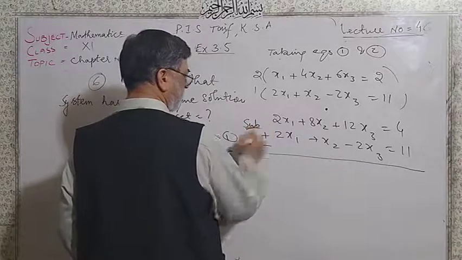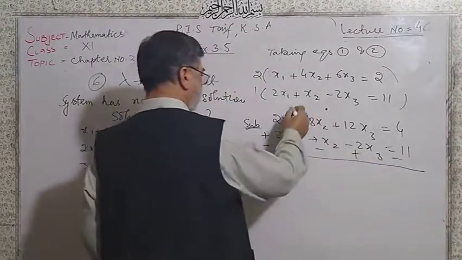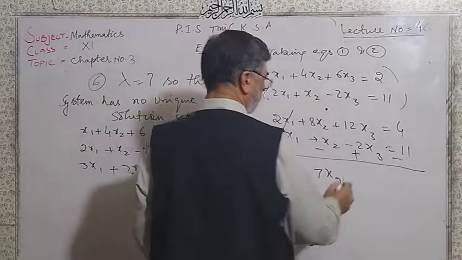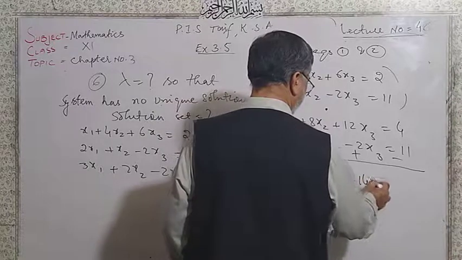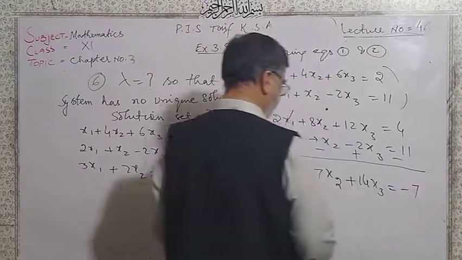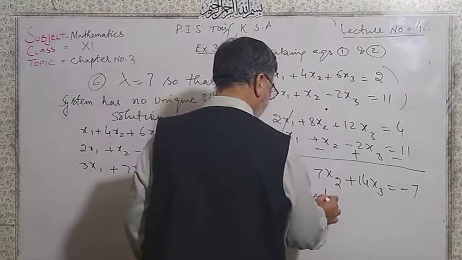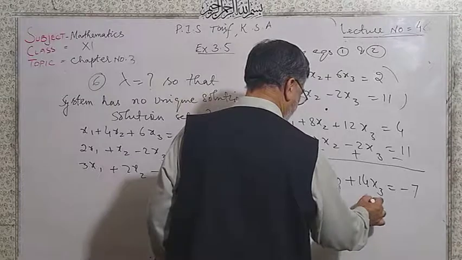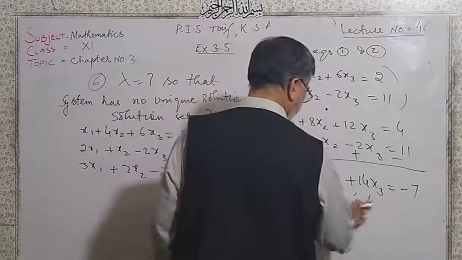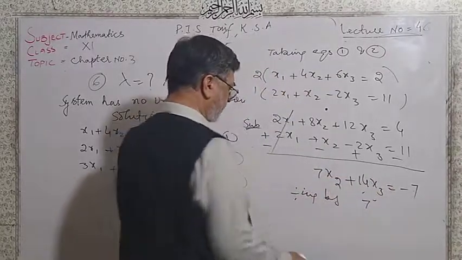Subtracting. Change the sign. Here this is cancelled out. 7x2 plus 14x3 is equal to minus 7. Dividing by minus 7, or you can say dividing by 7 because here we need this positive.